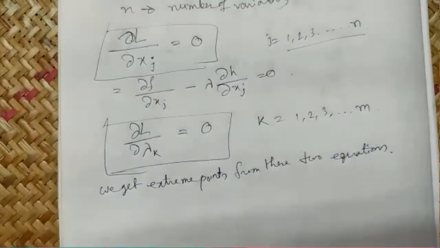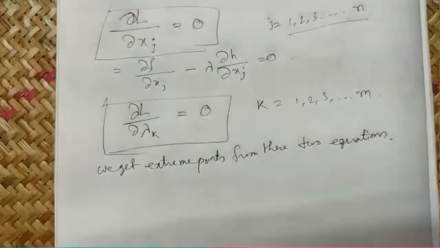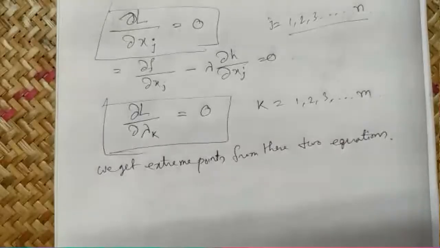Now when we get the extreme points, then we go and check, on putting those extreme point values in the objective function, what we get, whether it is a maximization problem or a minimization problem, and putting the values in that function, we get either the maximum value or the minimum value.